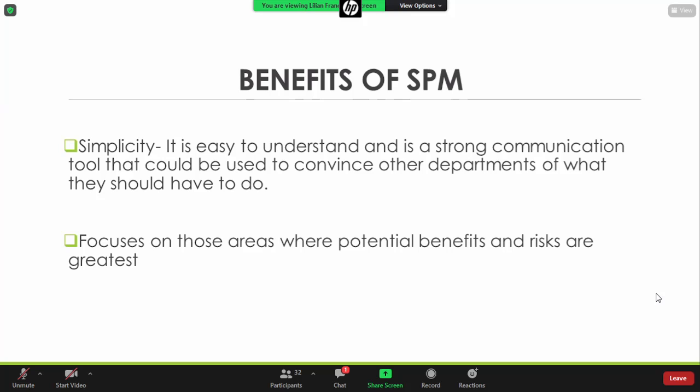Next benefit is it focuses on those areas where potential benefits and risks are greatest. Based on this, the company or firm can discover ways para improve yung company bottom line profits through cost reduction and efficiency gains. So basically, it is a good tool for trying to see the position for negotiations.